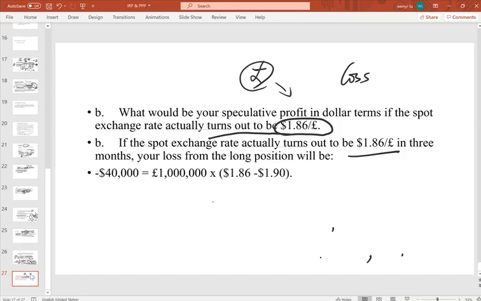Last one I want to go over is chapter 6. We study the two parities.